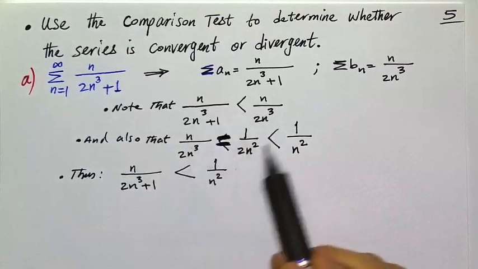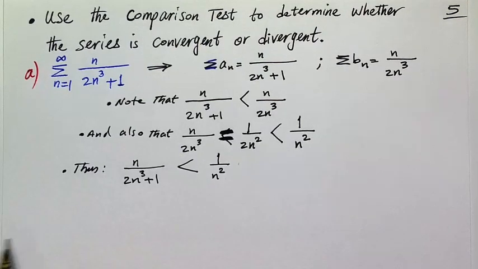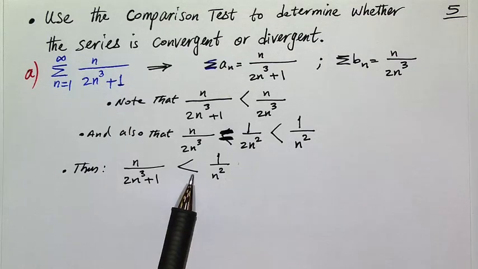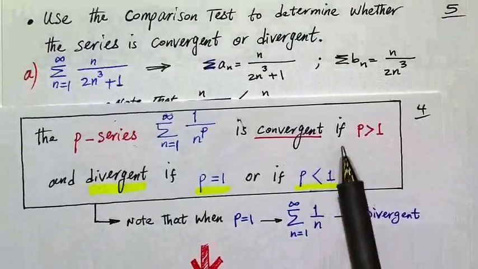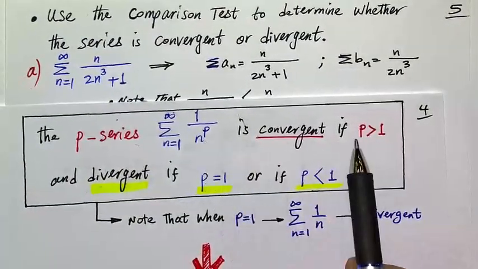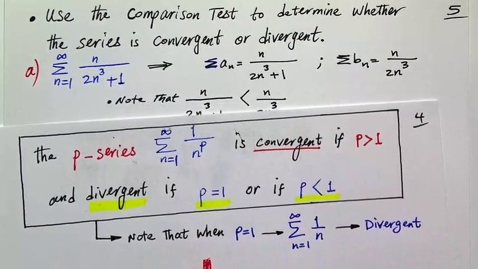Just compare everything we've done here and here, and you will arrive at this conclusion. And this is a p-series with p equals 2, which is greater than 1. If I bring this slide back, if p is greater than 1, in our case 2, then the p-series is convergent.